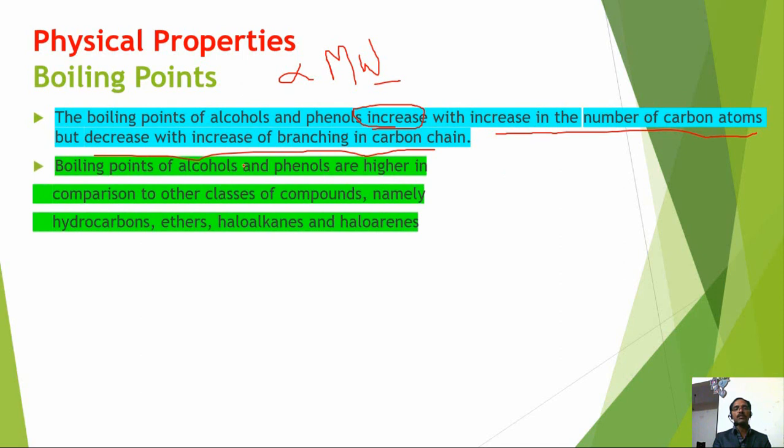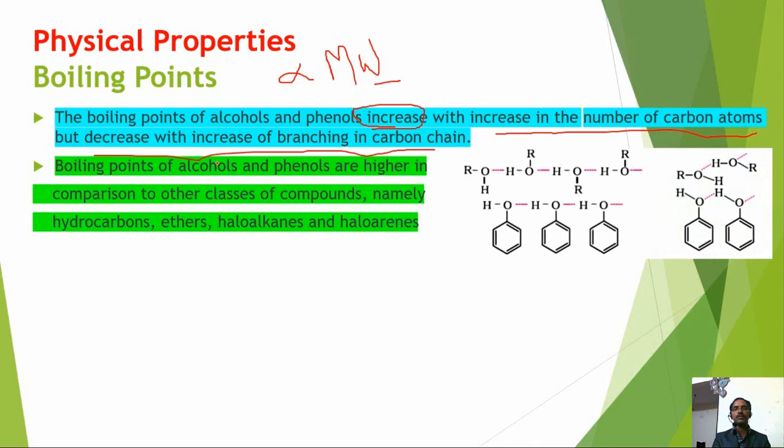Next, the boiling points of alcohols and phenols are higher in comparison to other classes of compounds like hydrocarbons, ethers, haloalkanes and haloarenes. Comparatively, among these functional groups or compounds, alcohols have higher boiling points.